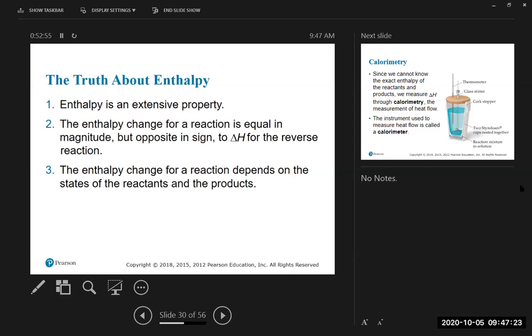And by the state, it means, is it solid, is it liquid, is it gas? You know, and use water as the example. If water was involved in the reaction, things are going to be different if water is liquid or gas or solid. So that's what they mean when they talk about the states of that.